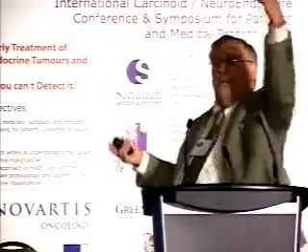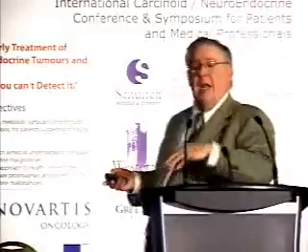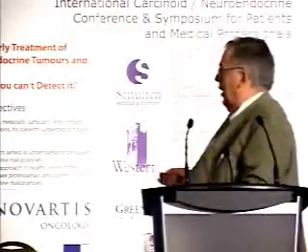Our group was one of the first to show that many of these peptides can translocate to the nucleus, and it may well be that peptides have two different actions. One that's receptor-based, and then once the peptide gets into the cell and gets to the nucleus, it may act in a totally different way.